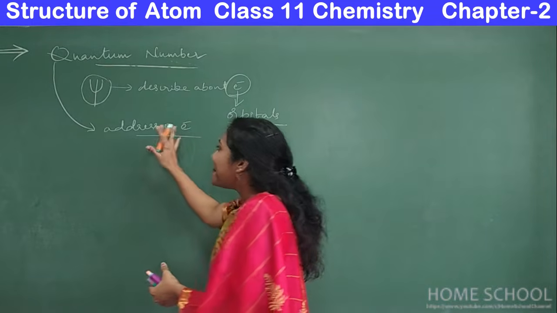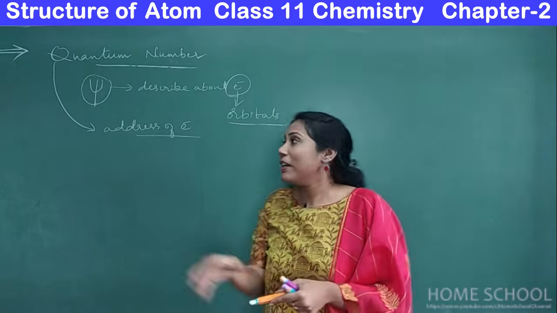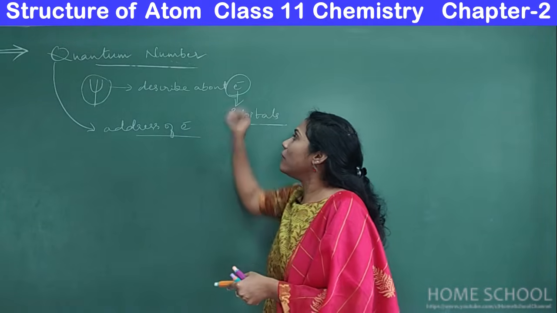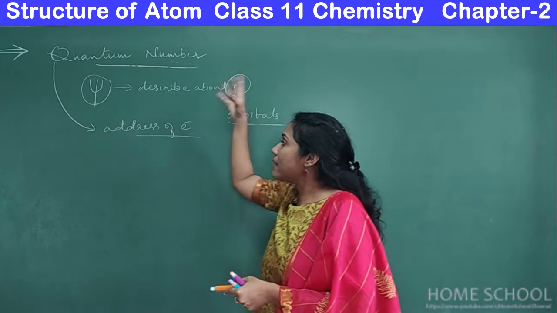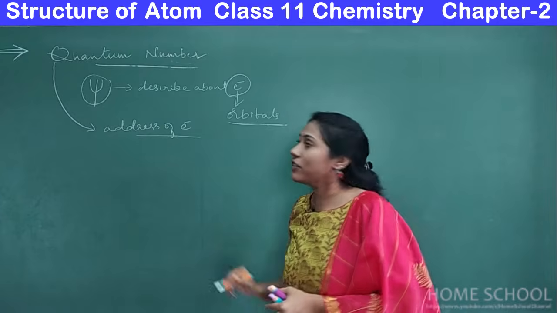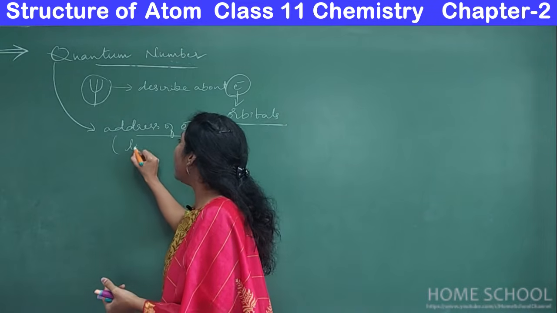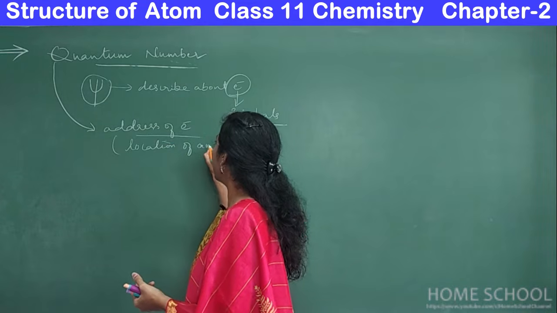I'm just using simple language here to make you all understand. So in reality, quantum numbers are nothing but the numbers that tell you about the address of an electron. Address in the sense of what? It is the location of an electron.